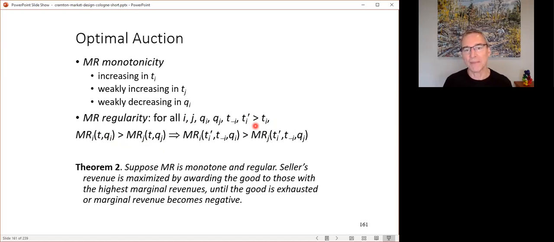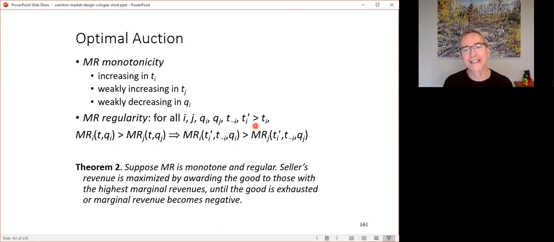Whereas the marginal value statement did have intuition. So this may or may not hold, but when it does, then we get this nice result: suppose marginal revenue is monotone and regular, then the seller's revenue is maximized by awarding the good to those with the highest marginal revenues until the good is exhausted or marginal revenue becomes negative. In the single unit case, we also had this regularity condition, and it was the same sort of thing: my value minus the inverse hazard rate was monotone.